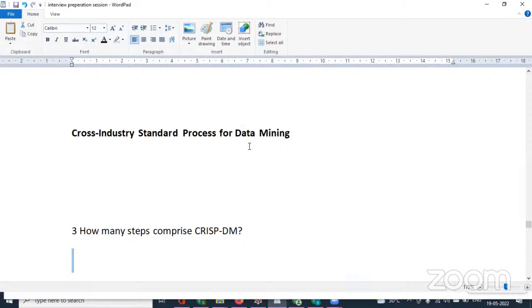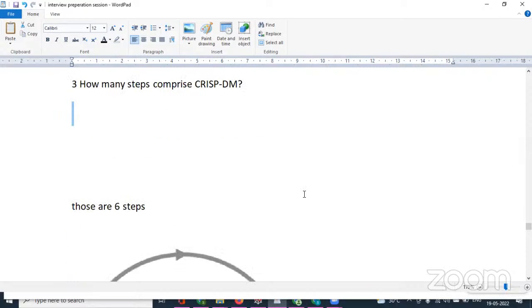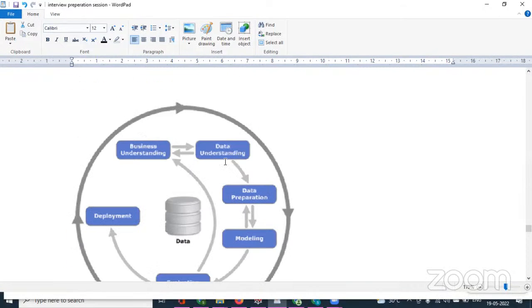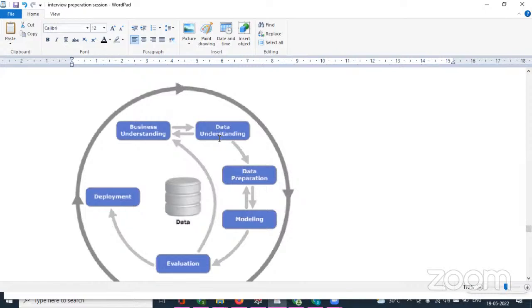Yes, Srikanth: business understanding, data understanding, data pre-processing, model building, deployment. Yeah, absolutely. We have 6 steps. Those are business understanding, data understanding, data preparation, modeling, evaluation, and deployment.